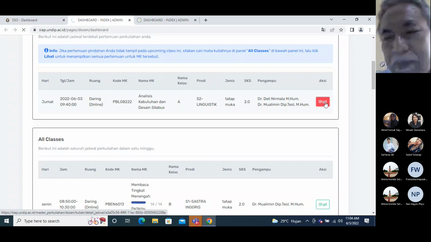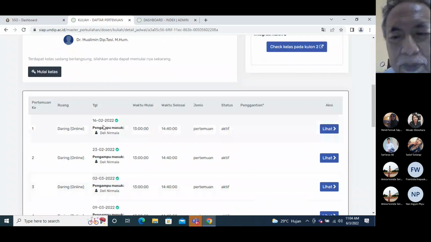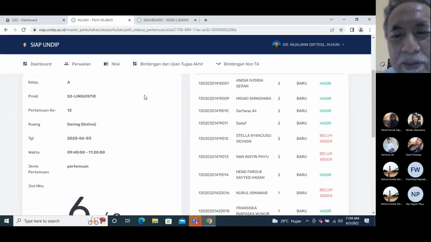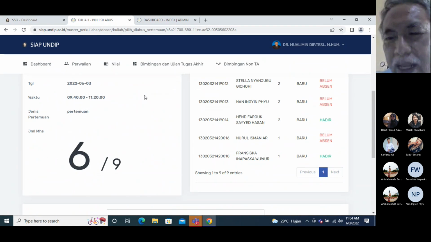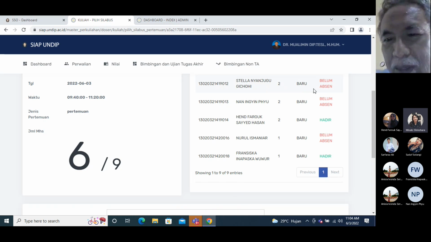There are 3 people who have not joined or who have not scanned the code. Yes, but I didn't scan. Please help me with that. I did. Thank you. Here Stella, and then Hazel and Nurul Ismaniar. Can you still see my screen? Yes, we can see it. Stella has not signed in, Hazel has not signed in, and Nurul Ismaniar also has not signed in.